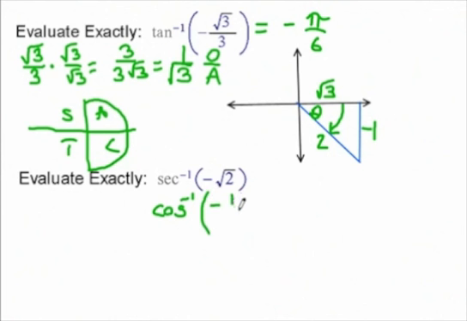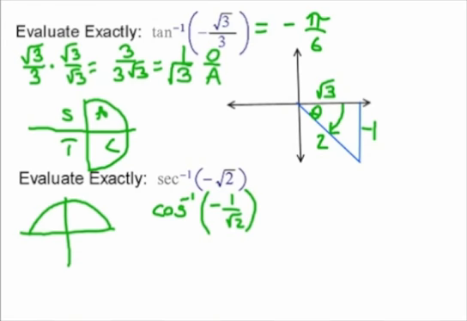So that would be negative 1 over square root of 2. Perfect special triangle setup. And again, we can say, when is cosine negative? Well, cosine is negative in the second and third quadrants. But cosine inverse only works in the first and the second. So this angle has to be in the second quadrant.